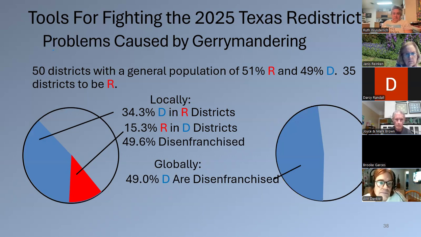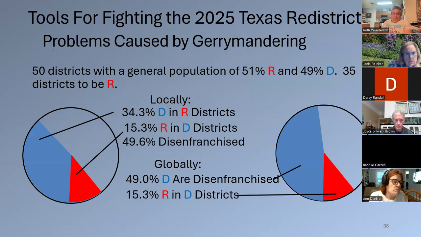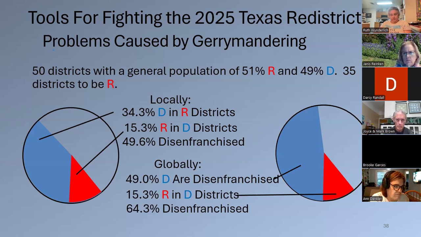And you add the 15.3% of the Republicans who are disenfranchised locally, you have almost 2/3 of the voters disenfranchised. And this is a theoretically perfect gerrymander, the best you could do. Once you get in real life, it's actually very different than this. And then this is just one race.